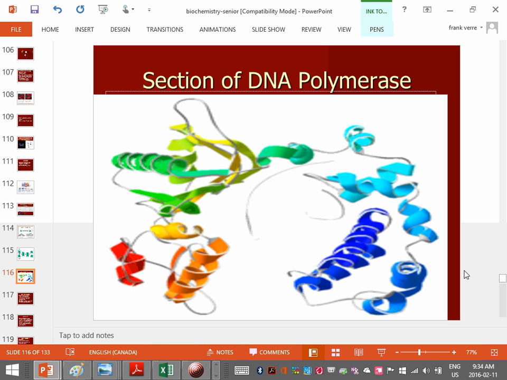Again, you can see in this protein, this is an example of the quaternary level. The different colors tell you that it's made up of different chains. So this is the fourth level. We could look at one of the chains, and that would be the third level, because each chain has its own shape. And if you look at the chain, you can see the secondary level too, right?